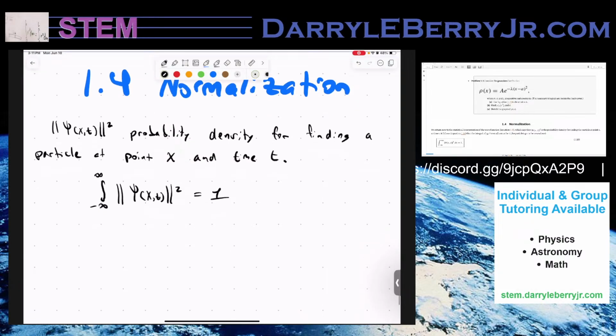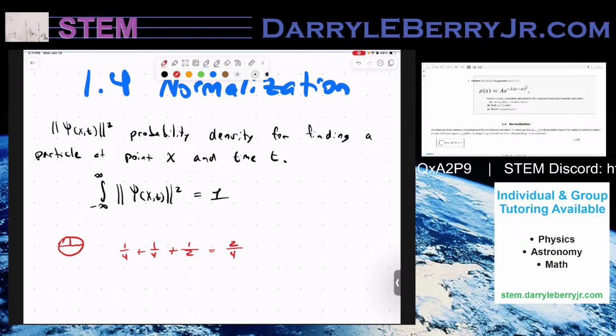And this goes back to the discrete example: if you have a pie and you cut that pie into 3 pieces, the way I cut it here, we have 1/4 plus 1/4 plus 1/2, which is 2/4 plus 2/4, or 4/4, which is 1.